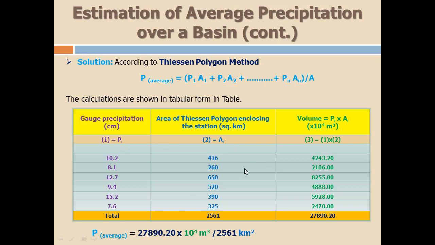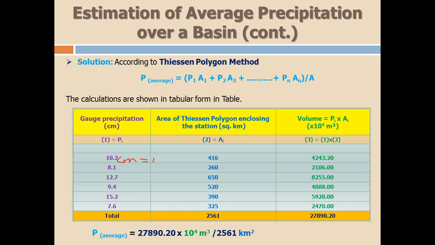So what we will do, we will just multiply the first two columns, column 1 and column 2. Column 3 is actually equal to the product of column 1 and column 2. So multiply this 10.2 centimeter into 416 square kilometer. Again, remember the unit conversion and consistency of unit is very important. Here it is centimeter, 10.2 centimeter. What does centi mean? Centi means 10 raised to the power minus 2.